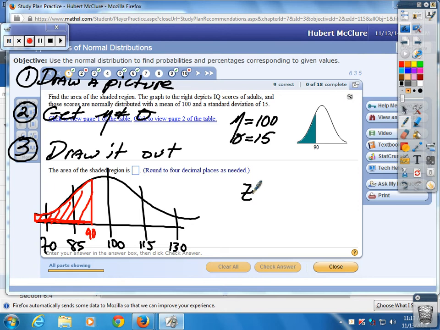z is equal to x minus mu over standard deviation. Well, what are we given? We're given 115. And what are we looking for? We're looking for z. So what do you think the 90 is?